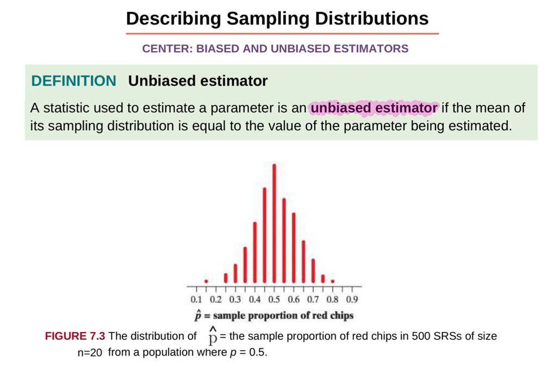The probability of pulling a red chip is 0.5. So our p hat is very close to p, in fact. So that would mean that our p hat, in this case, is an unbiased estimator.